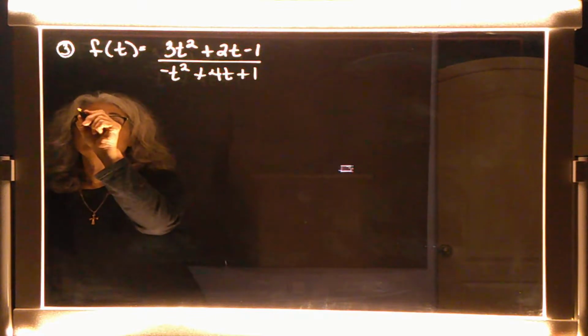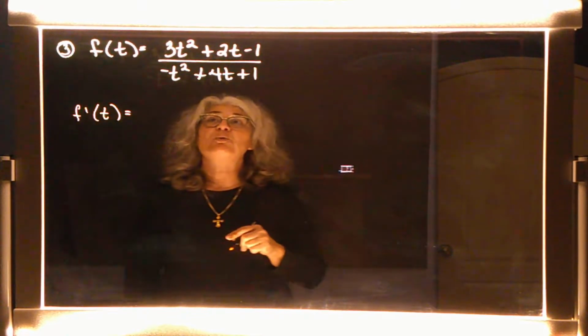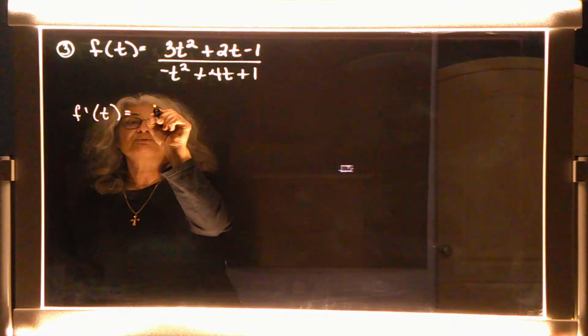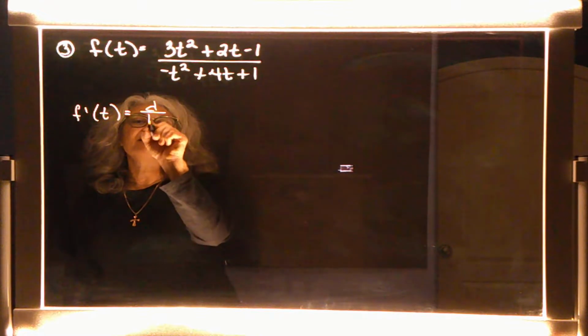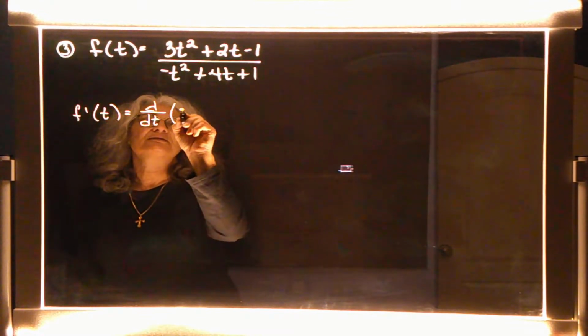All right, so first things first. To take the derivative of this function, since it is a quotient, I'm going to take the derivative of the numerator, and I'm taking it with respect to t, because that's the variable in there.